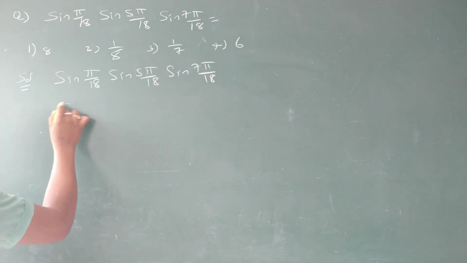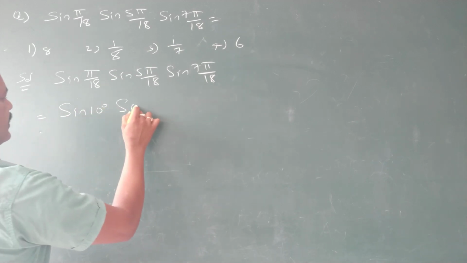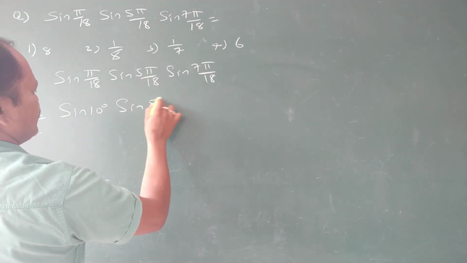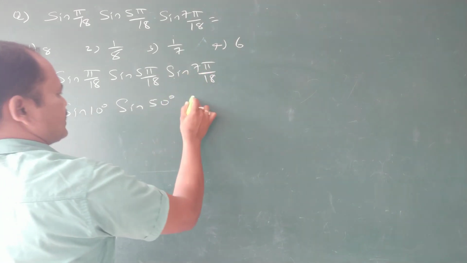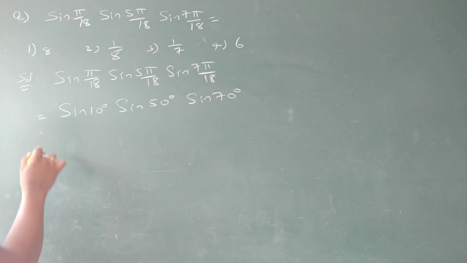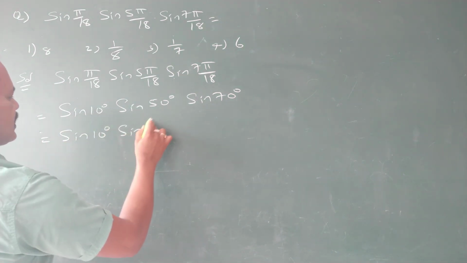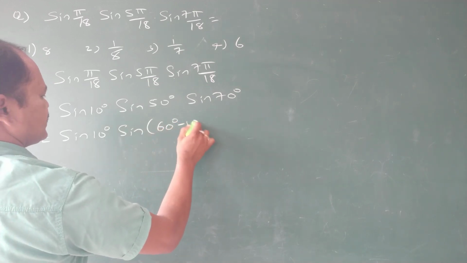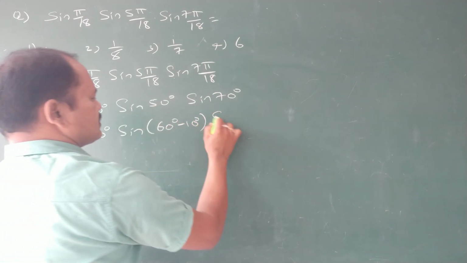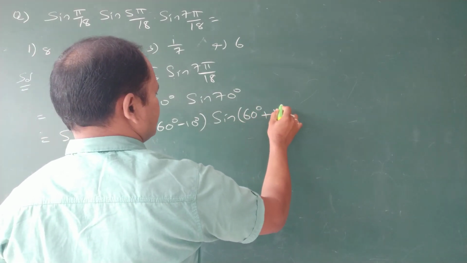So that's why it is sin 10 degrees, sin 5 into 10, 50 degrees, sin 7 into 10, 70 degrees. Now this can be written as sin 10 degrees, sin (60 minus 10) degrees, which is 50, and 70 is 60 plus 10 degrees.